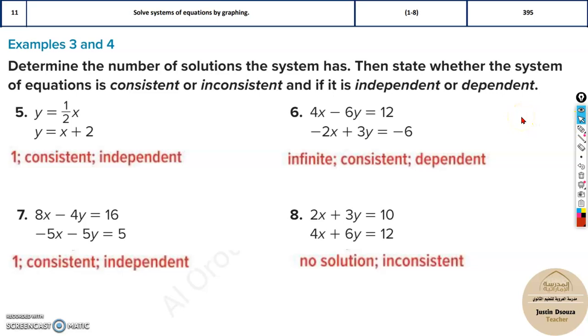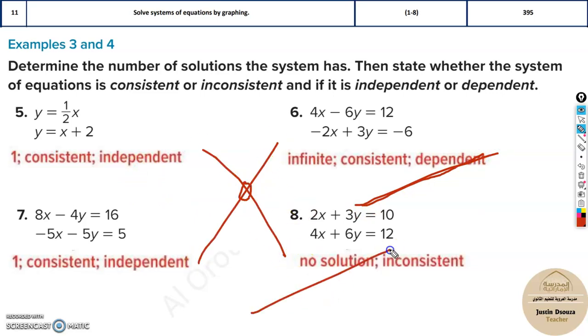If you are getting confused, please go to the previous videos, because similar problems were solved in part 1. We are just continuing in a similar way. Just remember the three cases: consistent and dependent means it's the same line, whereas consistent and independent means they touch at only one point, one solution, whereas if it's parallel lines, it is inconsistent.